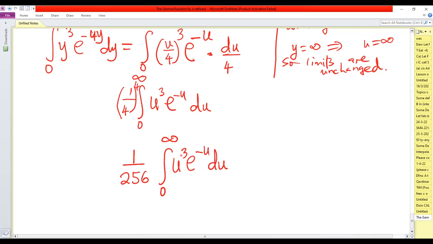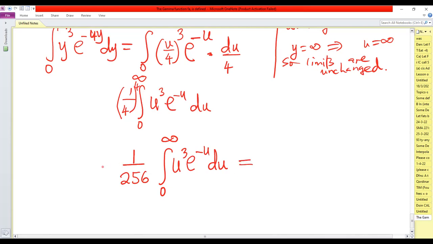So you see, if we rewrite this as the integral from 0 to infinity of u raised to power 4 minus 1, e raised to power minus u du, it will give us the structure of the gamma function, and it will make our computations easier in terms of the factorials.